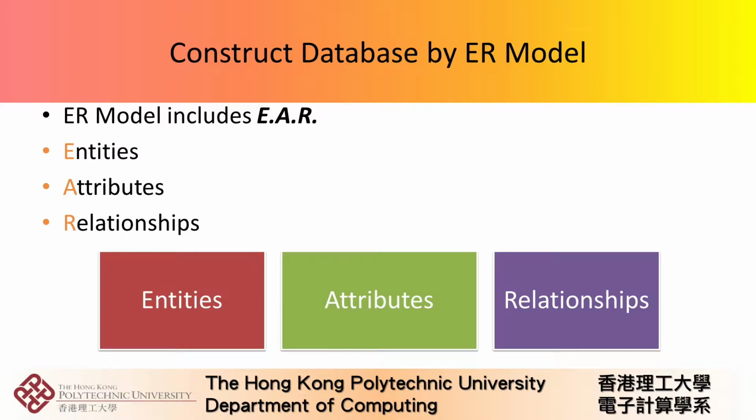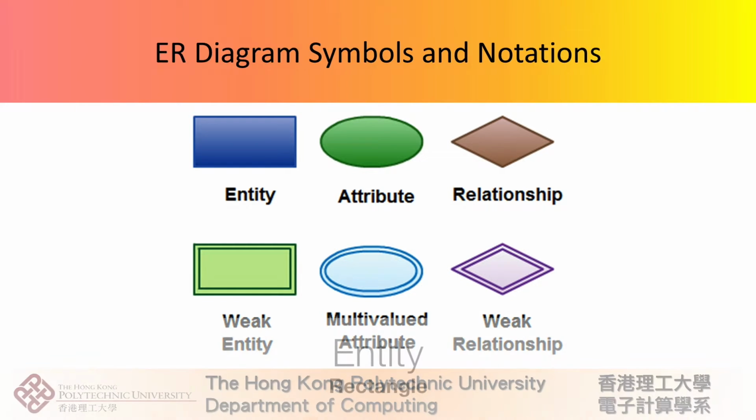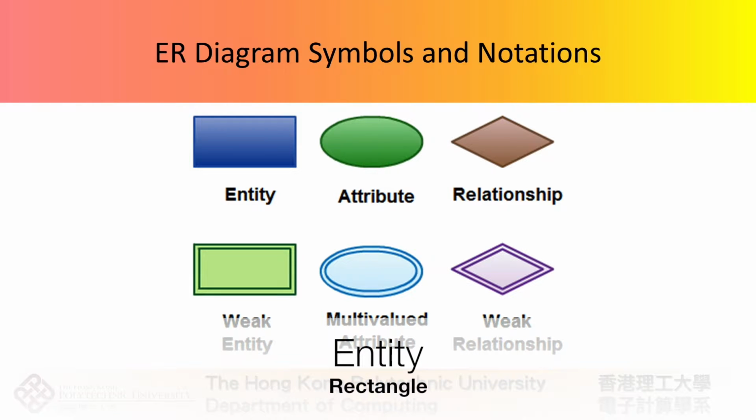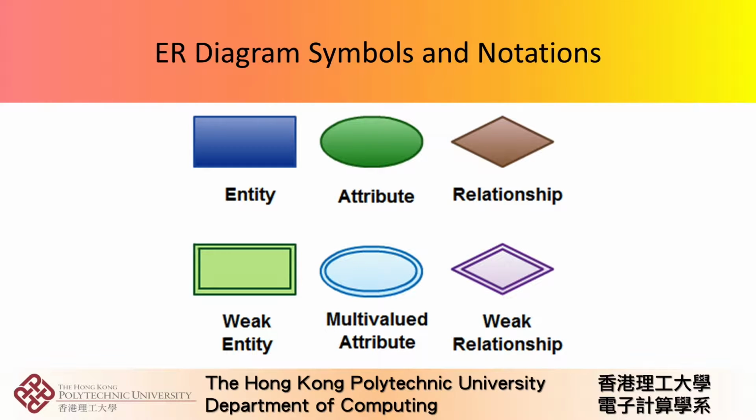The ER model includes E-A-R. E stands for entities, A stands for attributes, and R stands for relationships. The content of an ER diagram is constructed by different symbols and notations. An entity is represented by a rectangle, and a weak entity is represented by a double-sided rectangle.